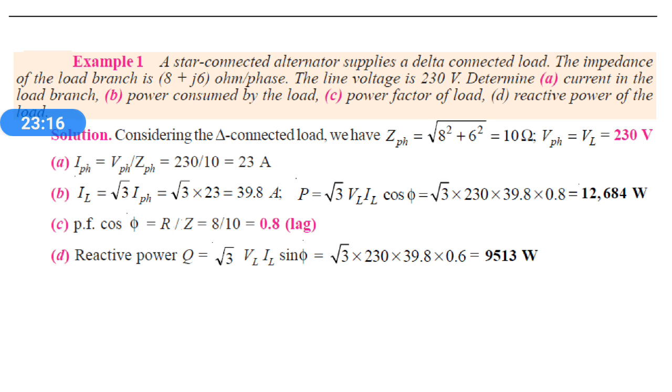Next, last one is the reactive power. The power factor we already discussed. The reactive power Q equal to root 3 VL IL sin phi. Sin phi we got from cos phi. Cos phi equal to 0.8. So phi equal to cos inverse 0.8. We will get the phi value. So that sin phi value should be 0.6.